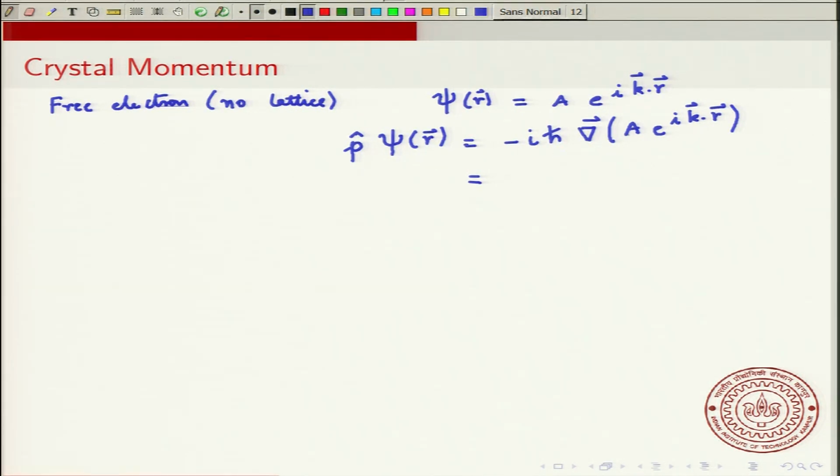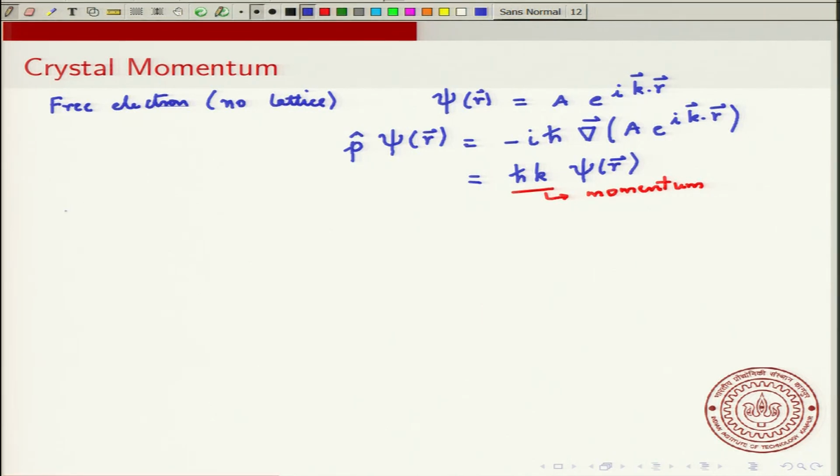So, I can write this as i k into minus i h cross, that is just h cross k, times psi of r. And so, you immediately identify that this is the momentum. This is the eigenvalue of the momentum, and that is the value of the momentum in any experiment. You will see this value for the momentum of a free electron.